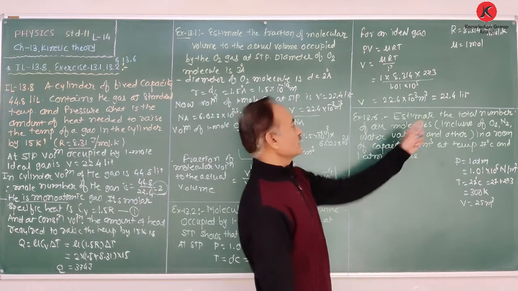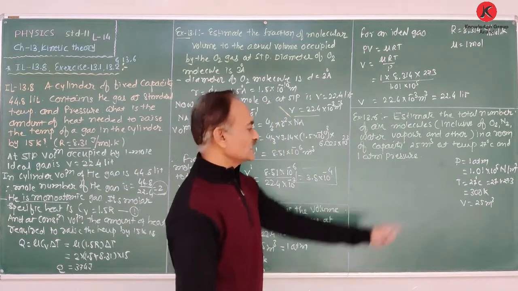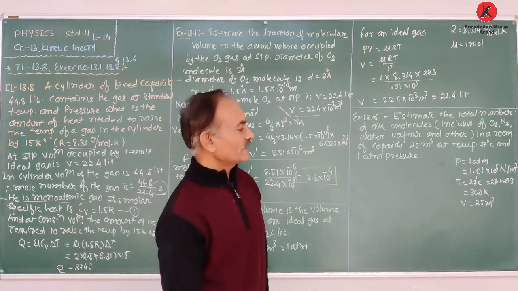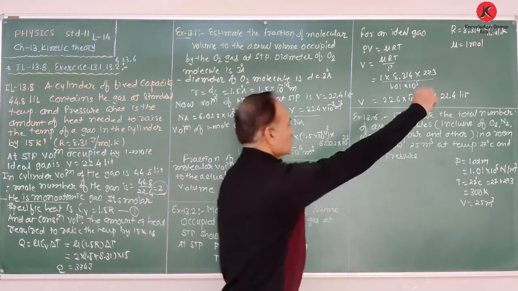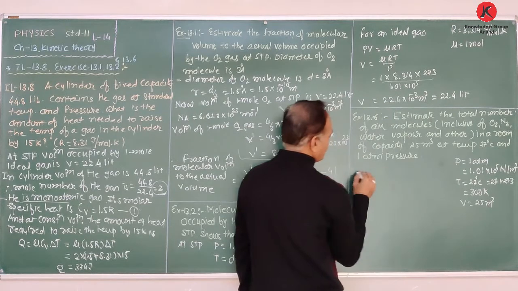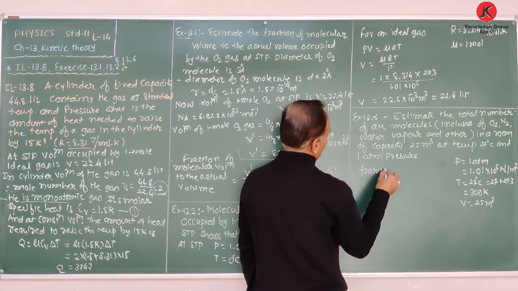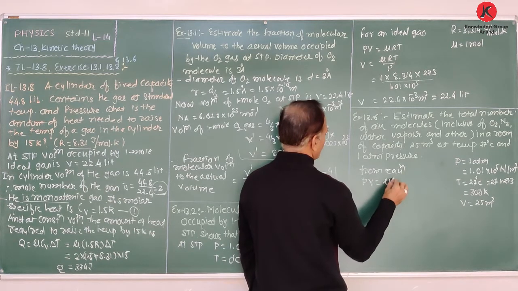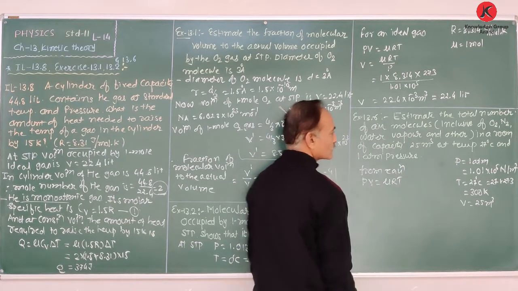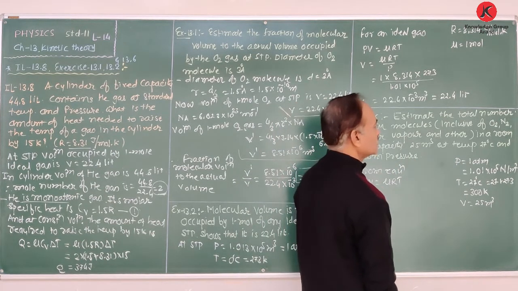Now we have to find out the total number of air molecules in this volume of a room at 27 degrees centigrade and 1 atmospheric pressure. So from the equation PV is equal to mu RT, right?